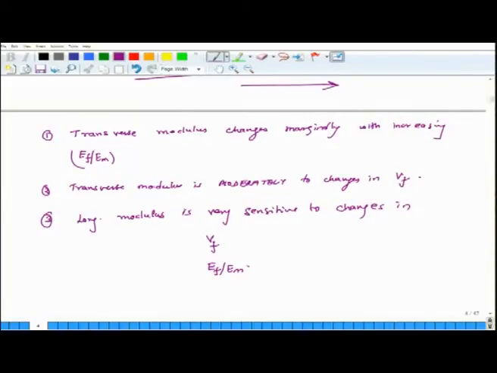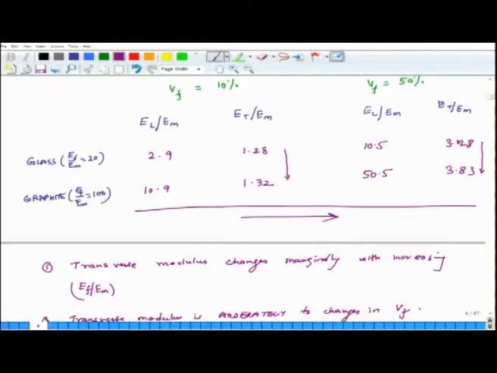This is important to understand. In other words, the transverse modulus is predominantly influenced by the matrix properties, unless the fiber volume fraction is really high, 50%, 60%. Longitudinal modulus on the other hand is strongly influenced by the properties of the fiber. The contribution from fiber is really high on the longitudinal modulus side, but it is not that great for the transverse modulus.